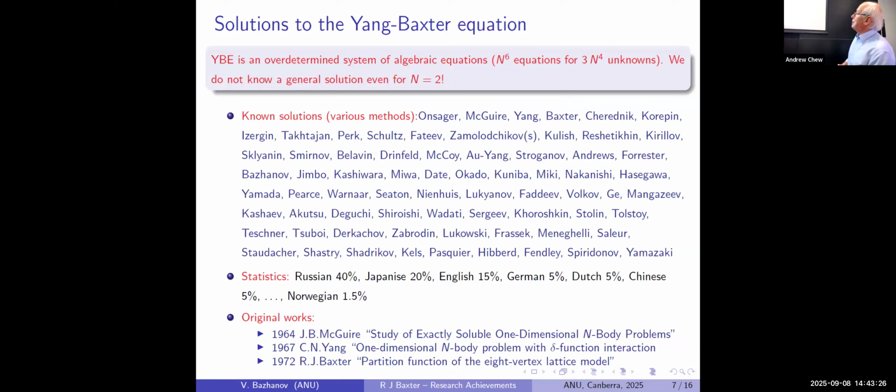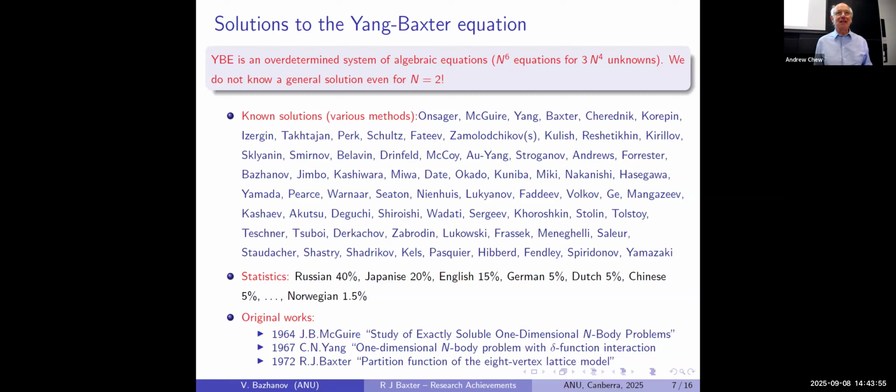But the people who solved the Yang-Baxter equation at various times, if you count them by native language, 40% of them are Russian. The next group is Japanese, and then English and German, Dutch, Chinese, and even one Norwegian.